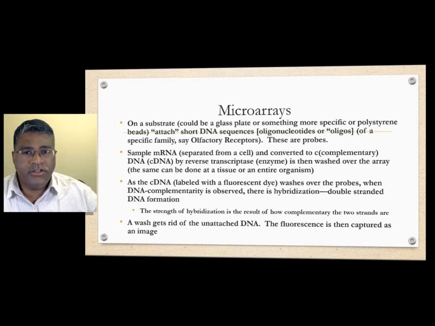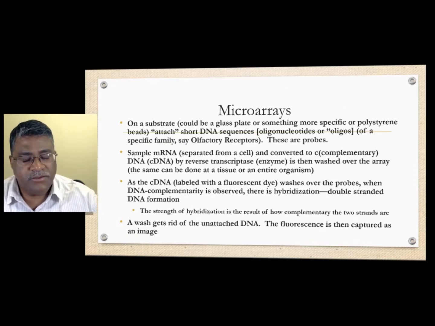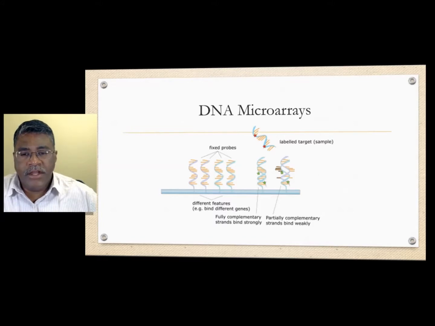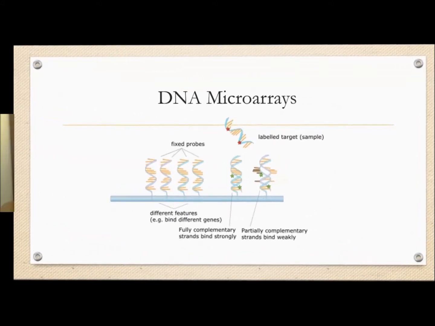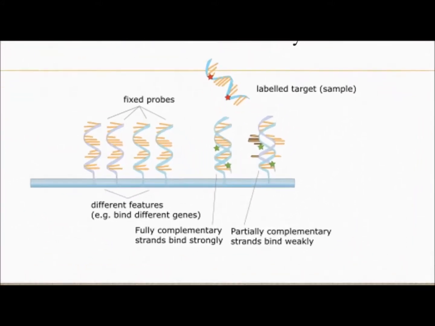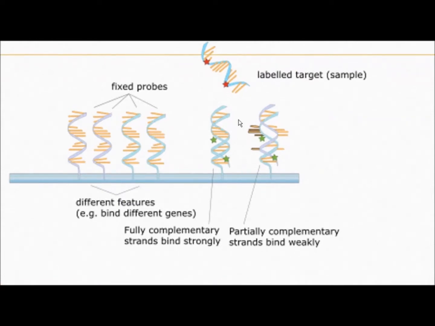And then you wash it, the double-stranded DNA stays in place, and the fluorescence is captured as an image. The intensity of the fluorescence is directly correlated with the strength of the binding associated with the double-stranded DNA. So again, you see the fixed probes, and you have a labeled target sample, and here you have full complementarity.